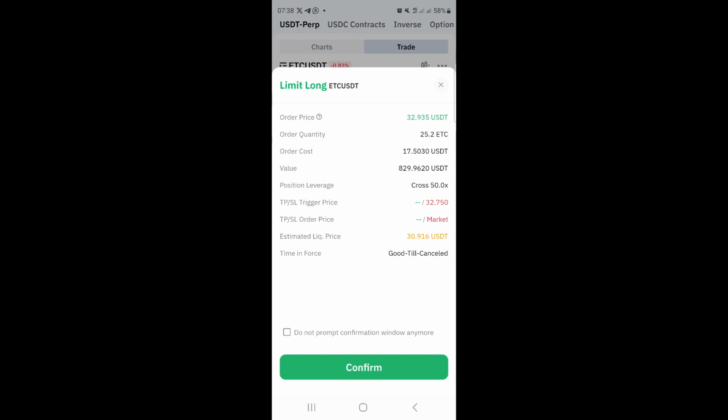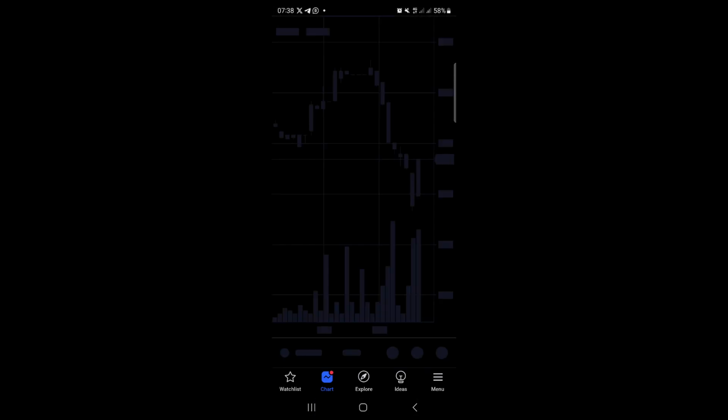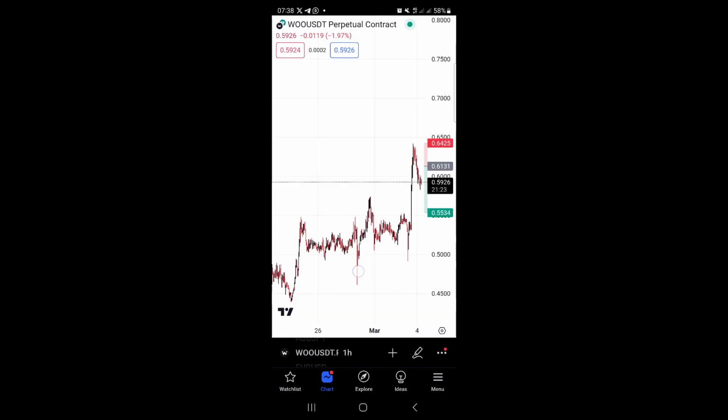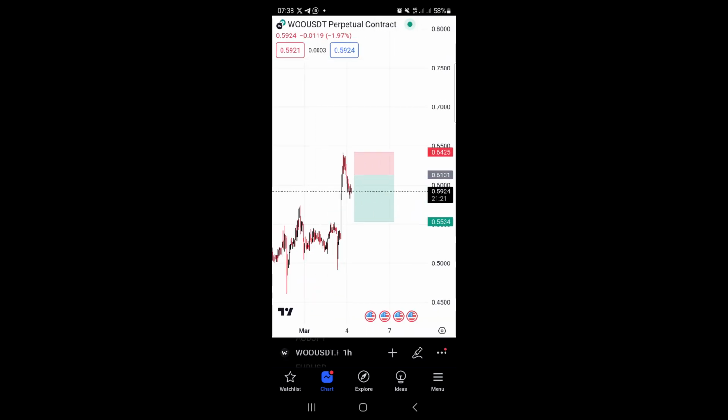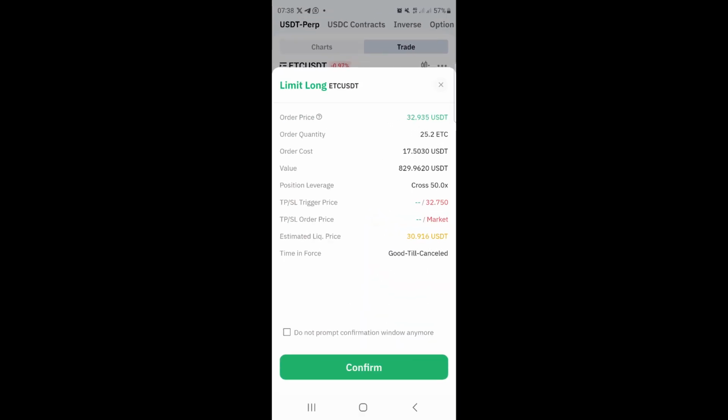I'm sure you understood that when I drew it on TradingView. Okay, let's see if this works. Okay, it works. This is for a short trade. Basically the red area is the area of the stop loss. You can see it's above, the take profit is below, and the entry is in the middle. That's exactly how it works.